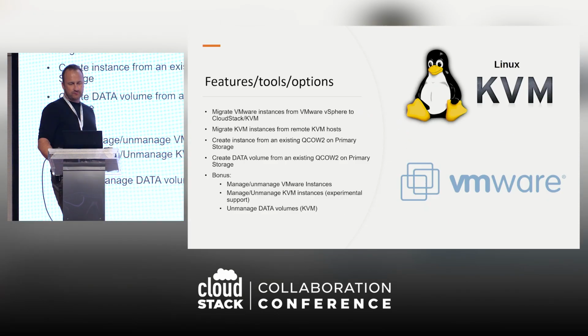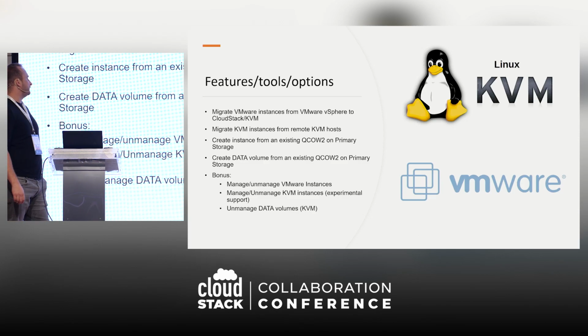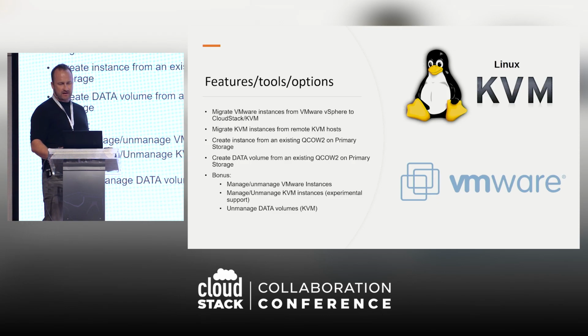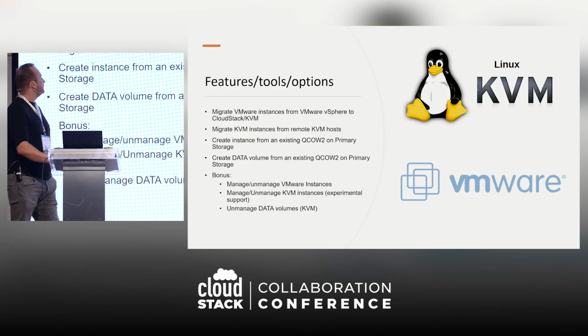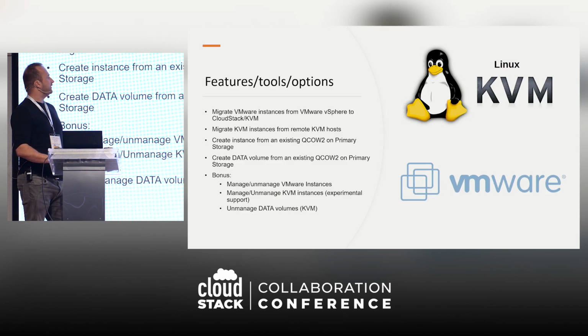Today we are going to cover a couple of things: migrating VMware instances to CloudStack with KVM, and migrating KVM instances from remote hosts to KVM with CloudStack. Then there are a couple of interesting things that had to be solved in various ways for many years: if you already have an existing QCOW2 image, how do you create an instance in CloudStack?